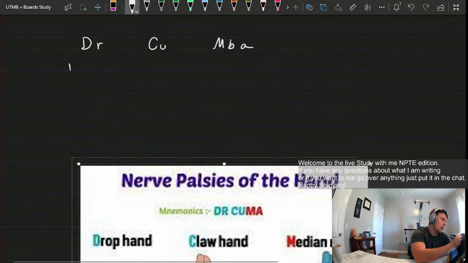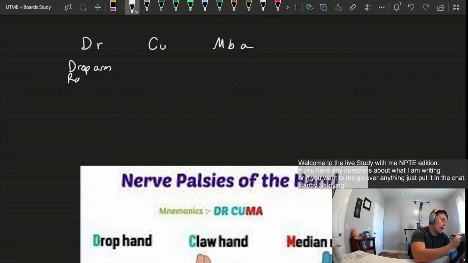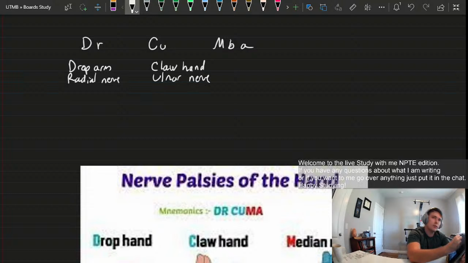So you've got drop arm, which is the radial nerve, because the radial nerve does contraction of the wrist extensors. You've got the claw hand, which is the ulnar nerve.